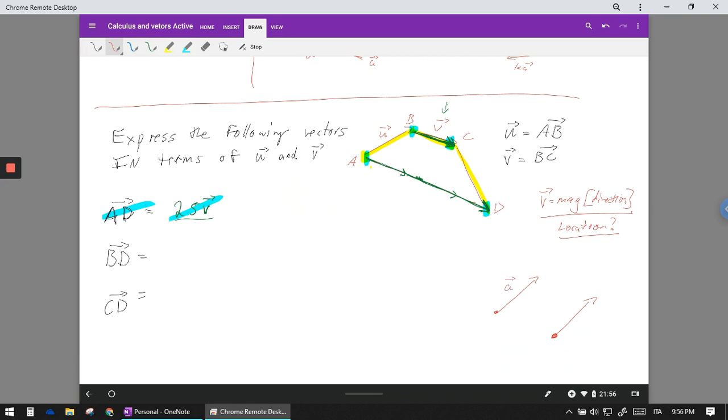So I can call that vector A, and that's also vector A, because they are in the same direction and the same magnitude, but they are in different locations. But wait, location is not a characteristic of a vector, okay? And so basically, you don't run into that issue.